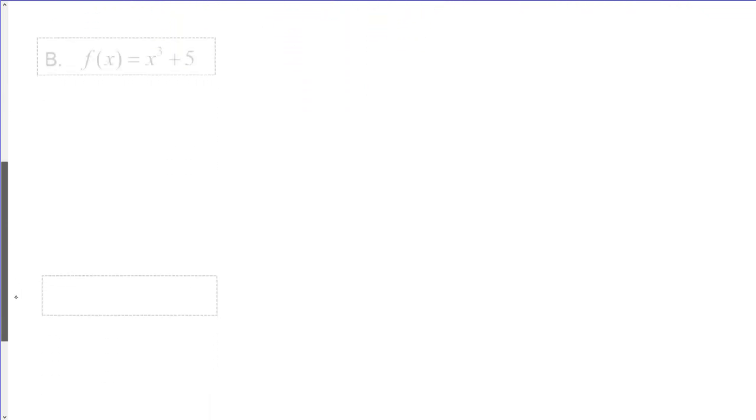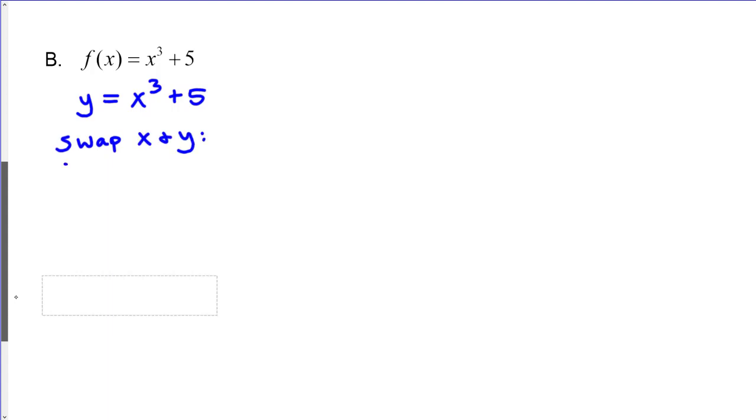All right, let's try another example. f of x equals x cubed plus 5. So that's the same as y equals x cubed plus 5. Now when I swap my x and y, I end up with x equals y cubed plus 5. And in order to resolve for y, I would need to subtract 5 from both sides.